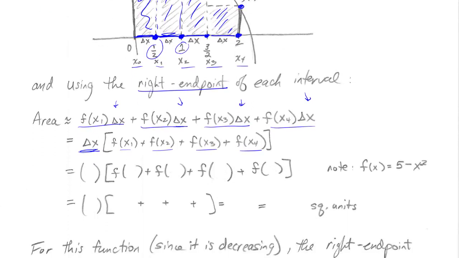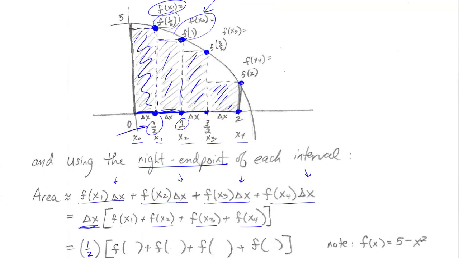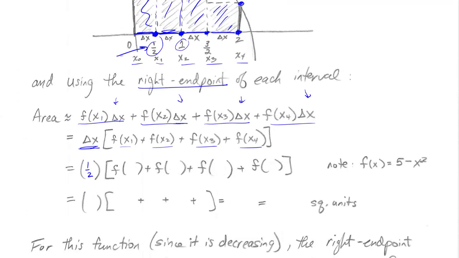All right, so now we actually have values for some of these things. We have delta x was 1/2. x1, remember as we saw right here, was 1/2. And then x2 is 1, x3 is 3/2, and x4 is 2. So now we can get the function at those values. We know what the function is. It's 5 minus x squared.